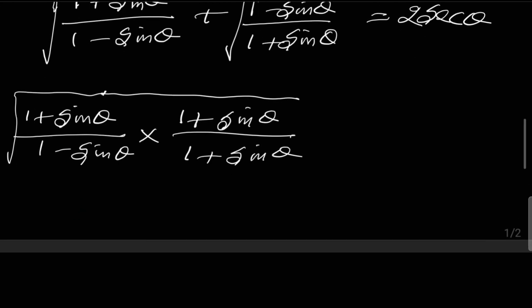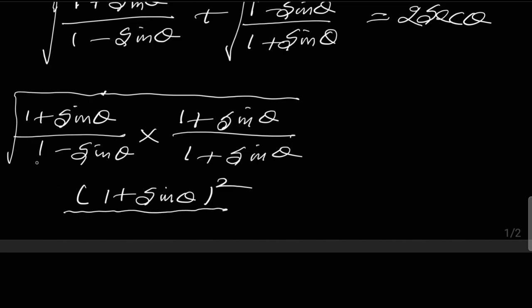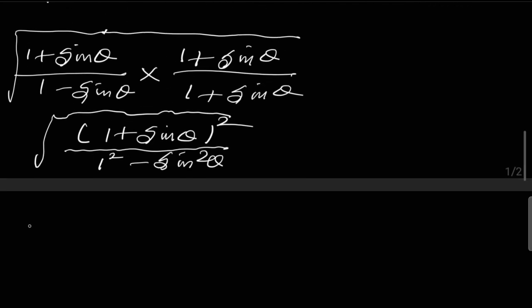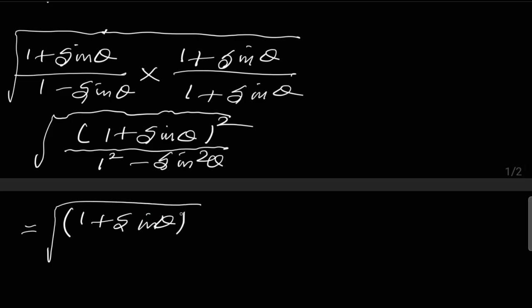So, numerator: 1 plus sin theta the whole square. Denominator: 1 minus sine theta, 1 plus sine theta, 1 square minus sine square theta. Just square root. This is equal to square root of 1 plus sine theta the whole square.